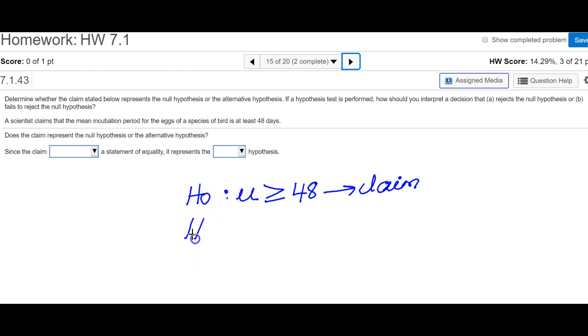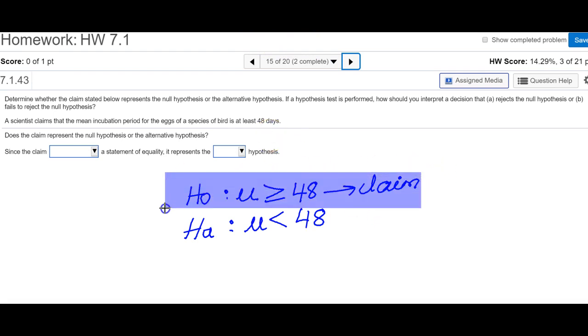So my HA would be less than, opposite of greater than or equal to is less than 48. Okay, so it's very important you see which is your claim. It's very important you know which is your claim. In my case, H0 is your claim. Probably in your case, HA is your claim.